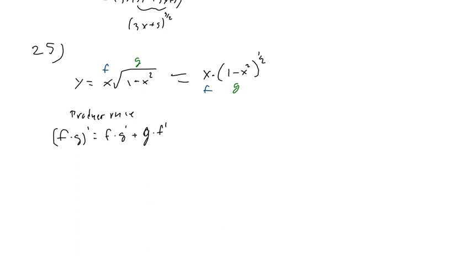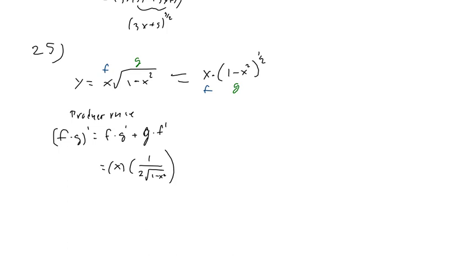So, doing my product rule, first times derivative of the second. x is going to stay the same, times my derivative of this one, which is going to involve the chain rule. We could do the square root. Let's just use our square root rule. Derivative of the outside is 1 over 2 radical 1 minus x squared. That's using my rule of radicals, or the 1/2 power, dropping in front, negative 1/2 makes it go on the bottom.